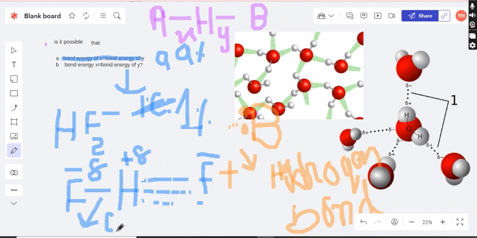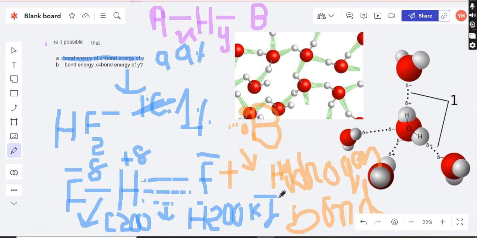For covalent I'm only writing C, and this is hydrogen, H. So the point comes where the bond energy becomes equal, which is 200 kilojoule per mole for the covalent bond and 200 kilojoule per mole for the hydrogen bond.